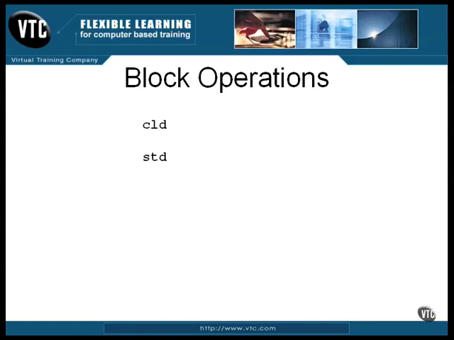The STD instruction sets the direction flag, and with it set, the load and store instructions will subtract from the index registers. Now it's important that you don't forget to set the flag, because if you don't, your code may or may not work, and even worse, it may work sometimes and sometimes not, depending on how the flag happens to be preset.